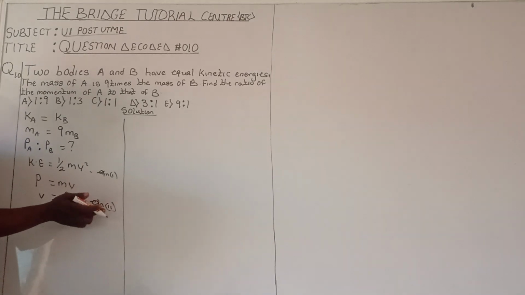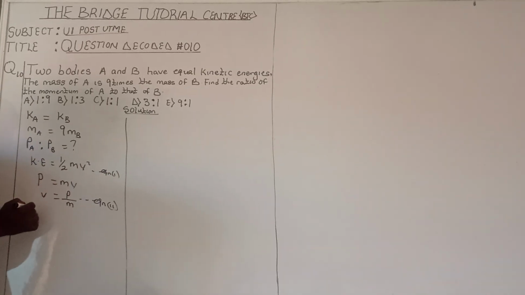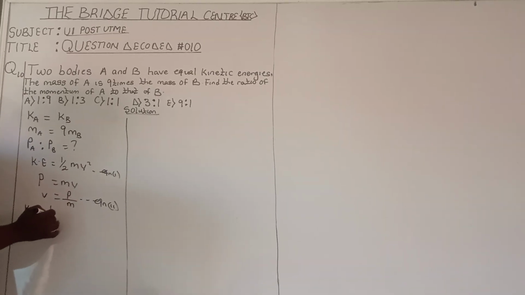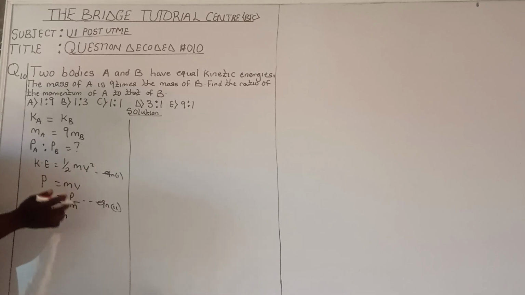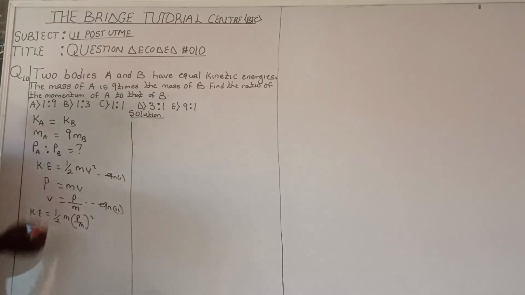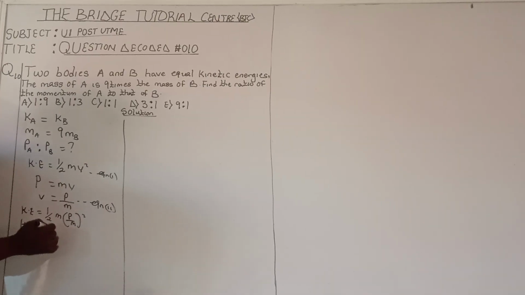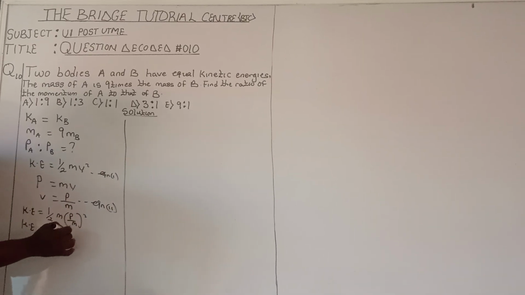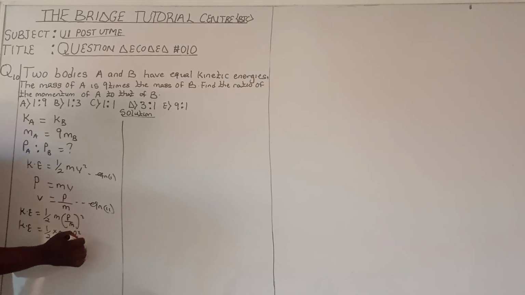Now you can substitute equation 2 into equation 1. So we are now going to have kinetic energy equals half m, and instead of writing v, we use P over m, so we have P over m all squared. Removing the bracket, we have KE equals half multiplied by m multiplied by P squared divided by m squared.